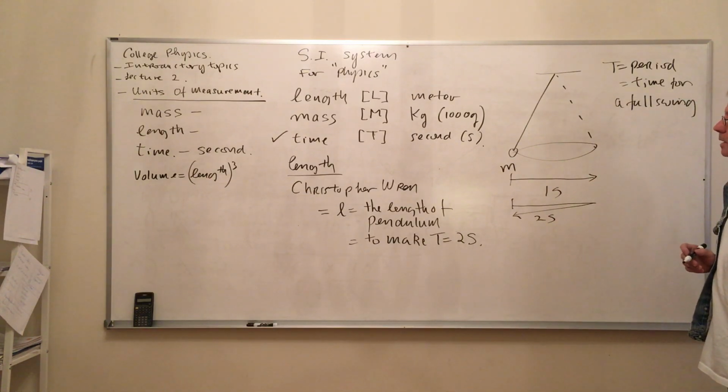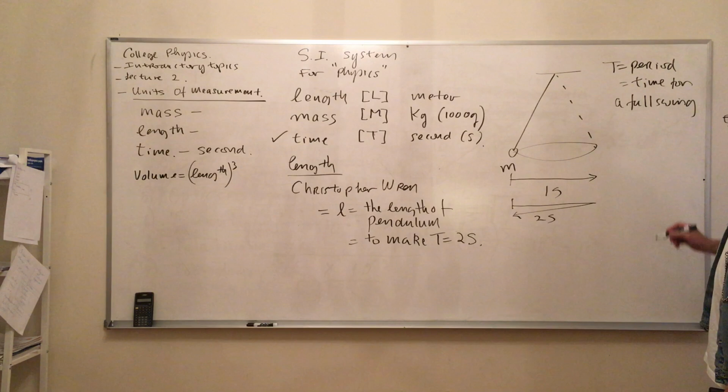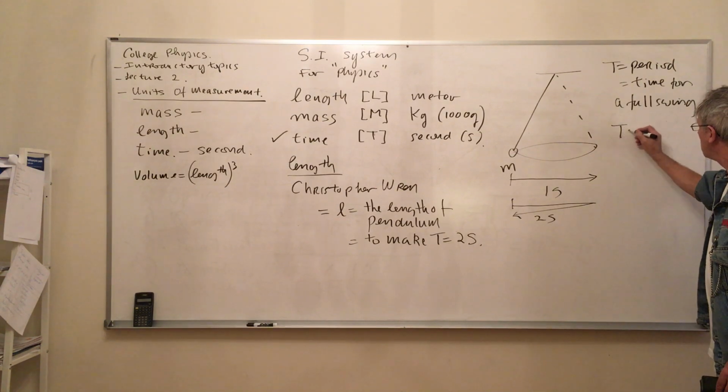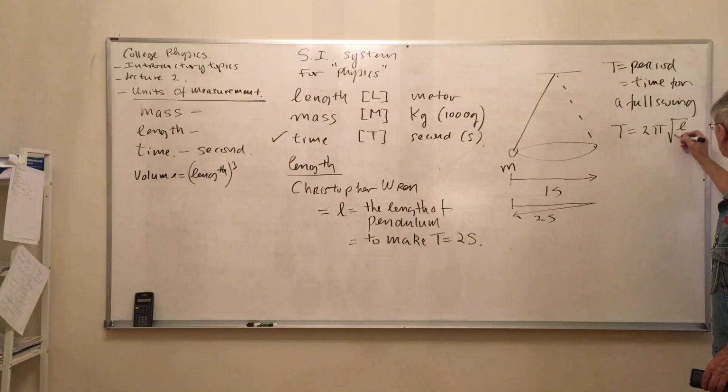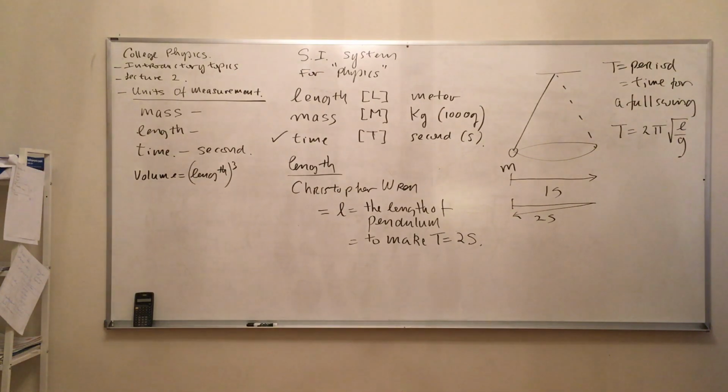Now from your 8th grade, I don't know if you did it or not, the period of a pendulum is given by T, the period, equals 2 pi times the square root of the length of the pendulum over g. And g is a number. We will learn about that later. It's an acceleration due to gravity.